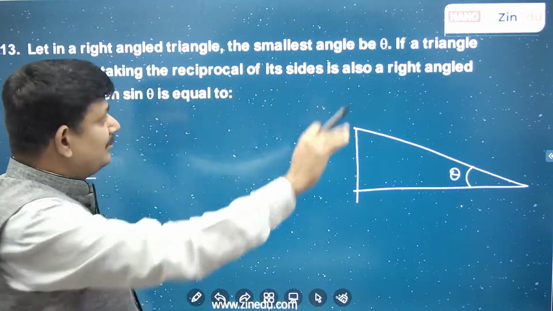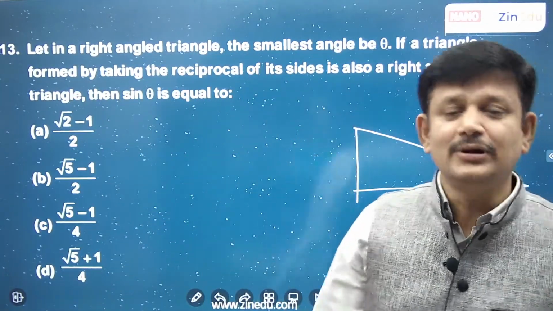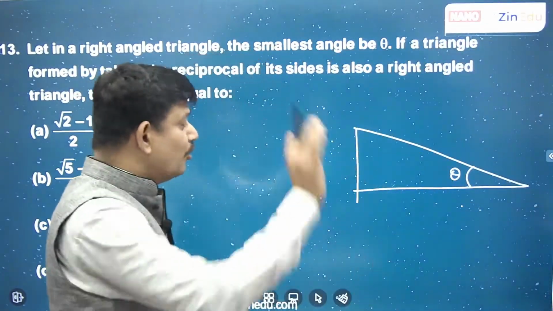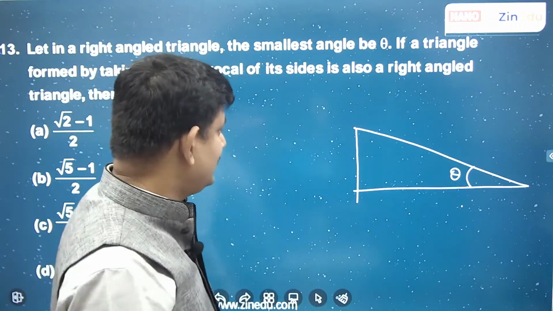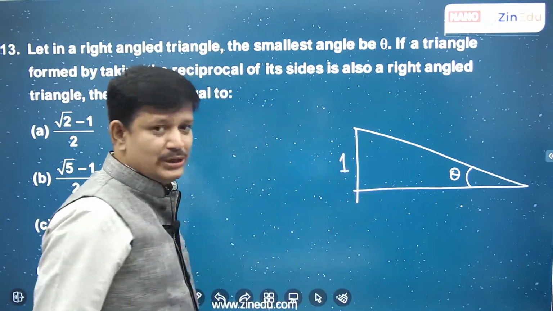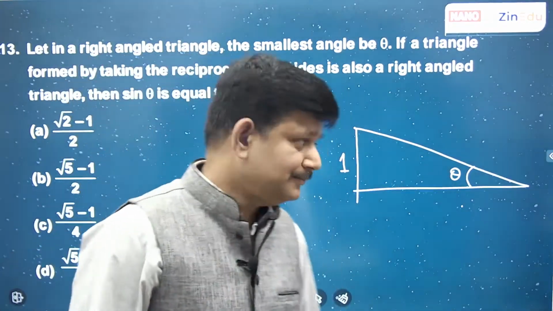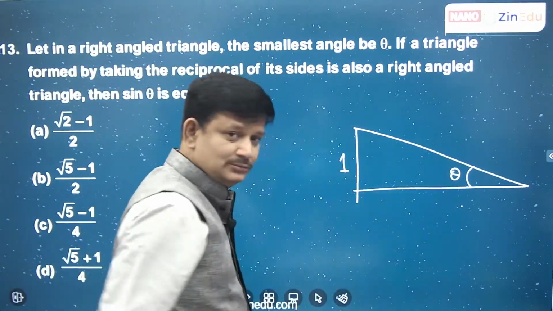There is only one variable mentioned here, theta, and you have to find sin theta. So let us not try to assume or overload with plenty of numbers. Without loss of generality, I can take the smallest side to be 1 unit. Smallest side will be opposite to the smallest angle.